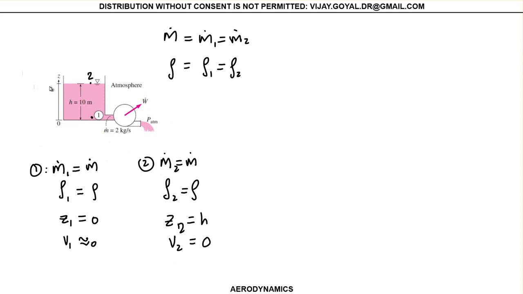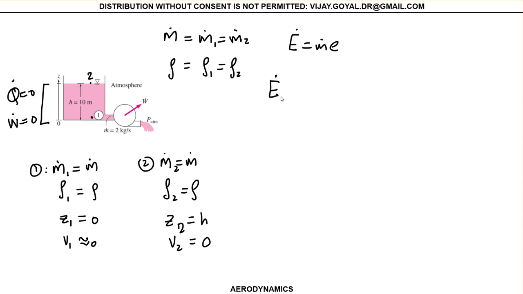Also, from point 1 to point 2, there is no Q coming into the system or going out of the system, and no work done in or out. This is from point 1 to point 2. Okay, so as I just mentioned, E dot is equal to m dot e.